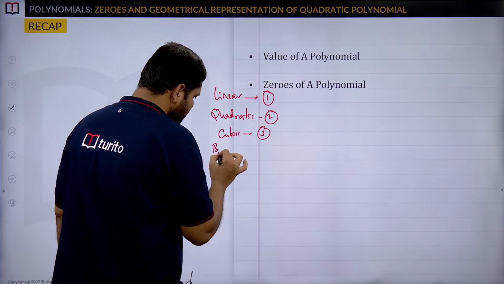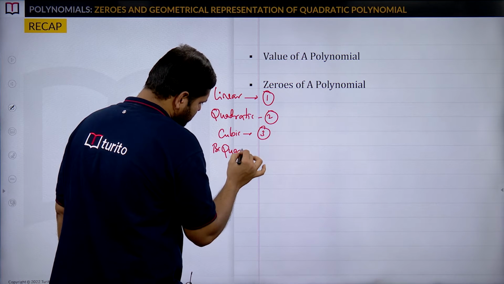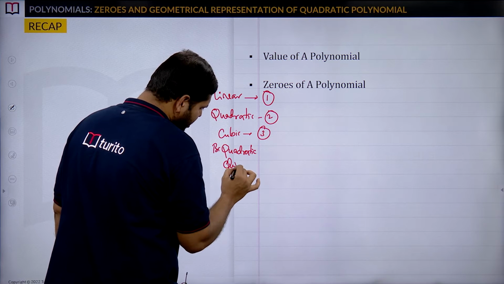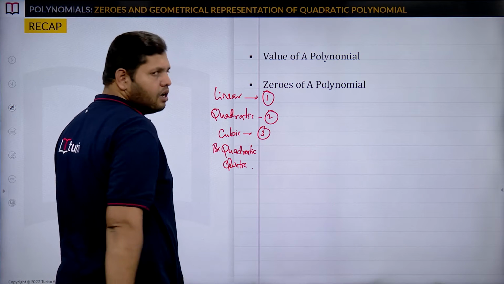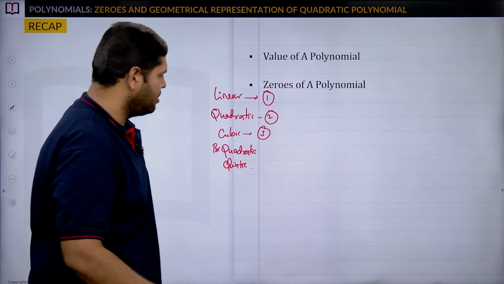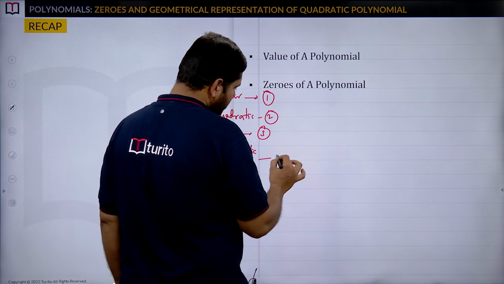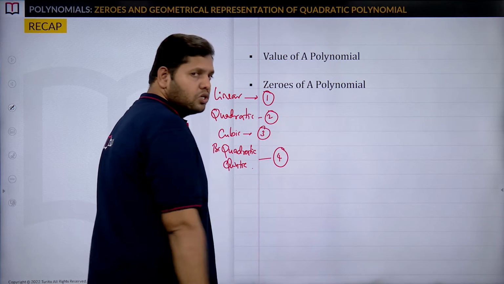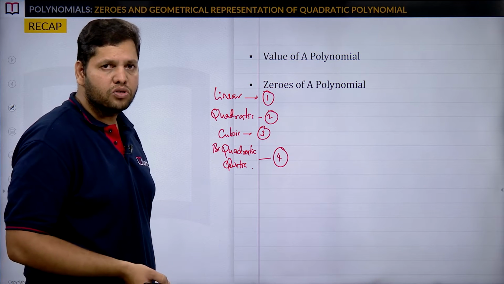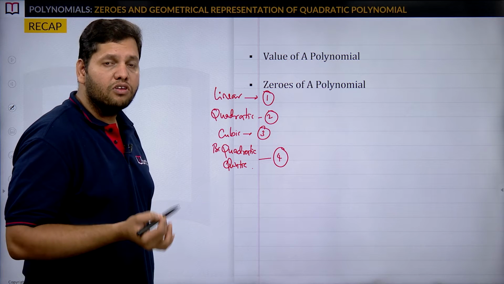And if it is biquadratic, or we can say quintic also, children. For a biquadratic polynomial expression, how many zeros does it have? Total 4 zeros. That means the number of zeros is equal to the degree of the polynomial.